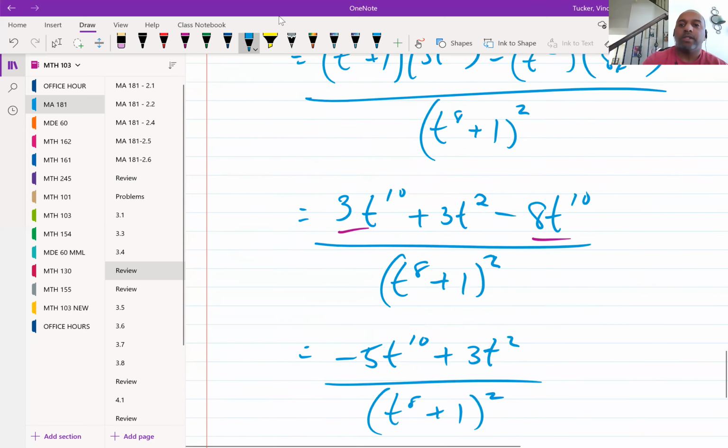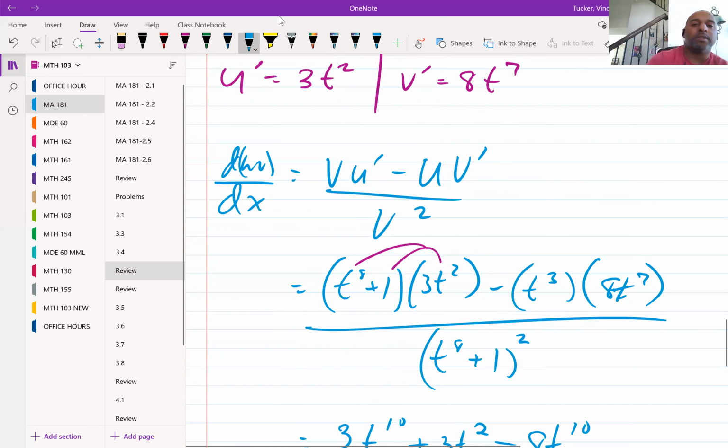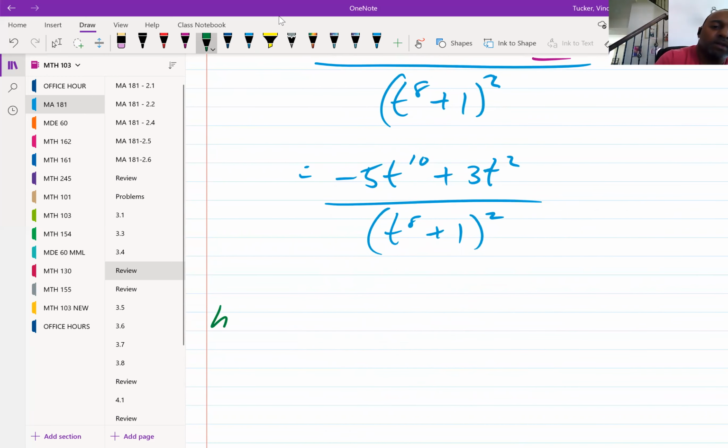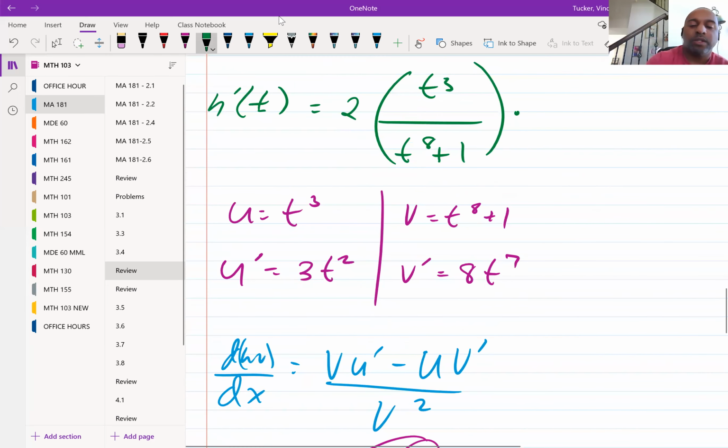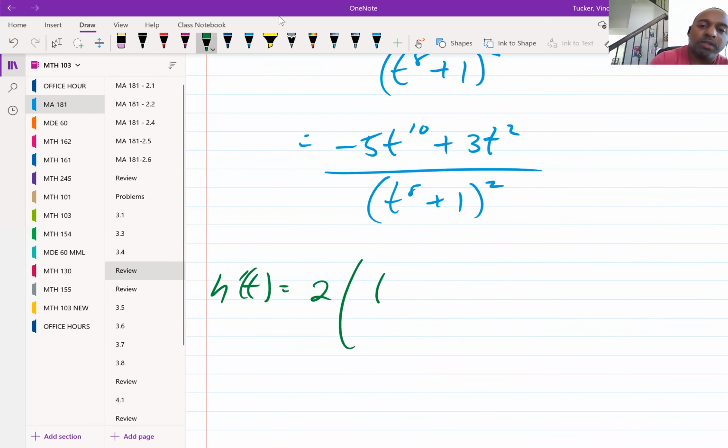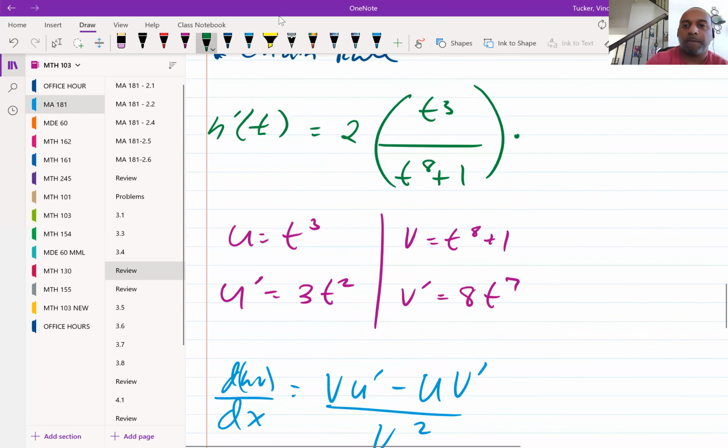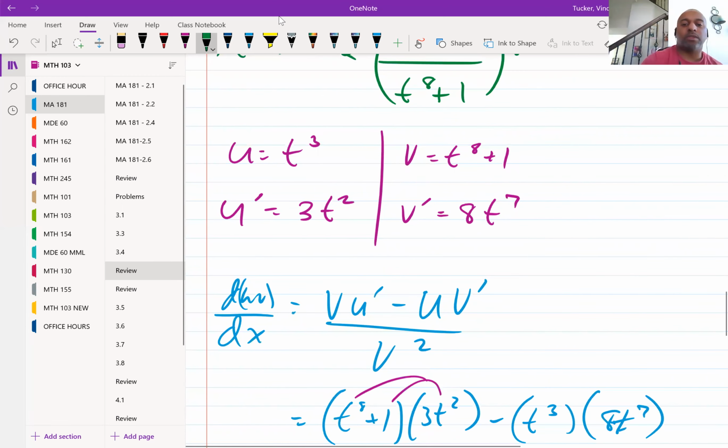All right, so we can bring that back here. So h prime is going to be 2 t cubed times t to the 8th plus 1, well, let's go ahead and just multiply that. 2t cubed times t to the 8th plus 1. Right? Okay.